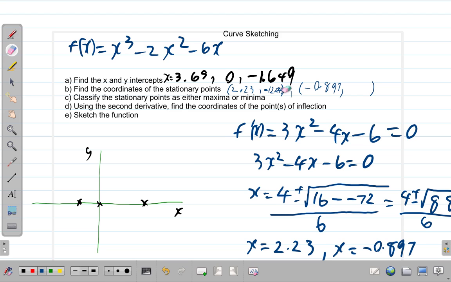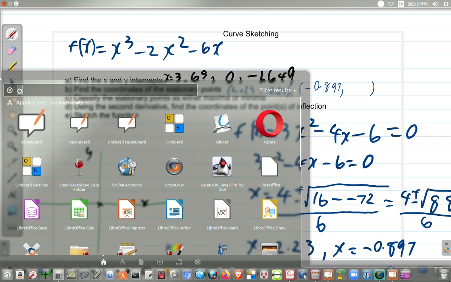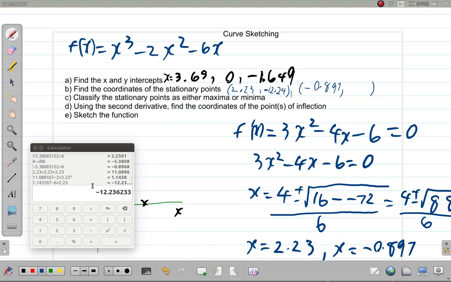I have to make a little more space, it's a bit small. Negative 12.24. Alright. Now what happens at negative 0.897?